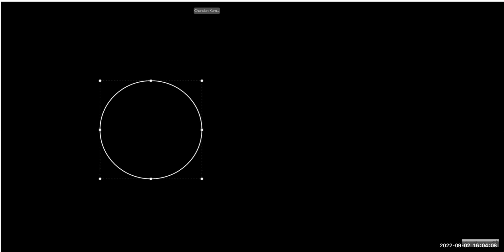Now imagine you have a magnetic field which is like a circular region. So the field is here inside.